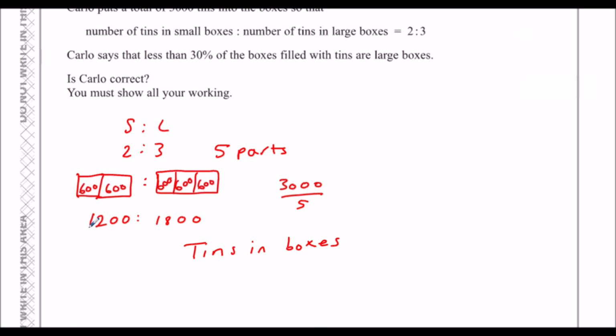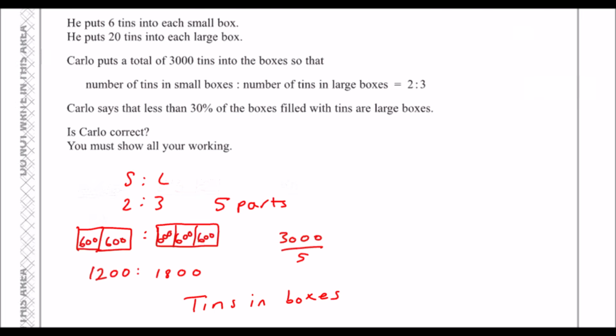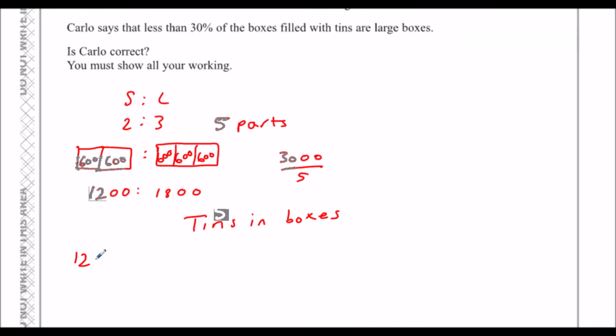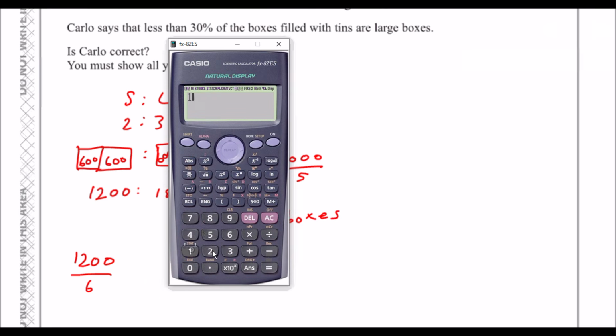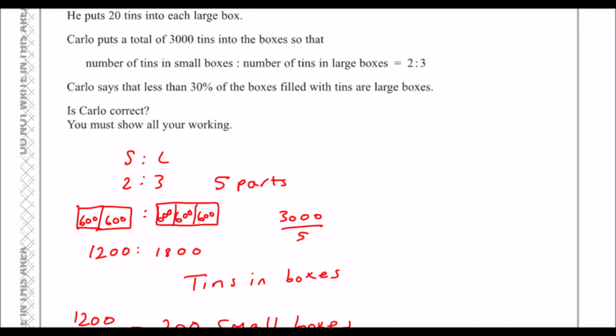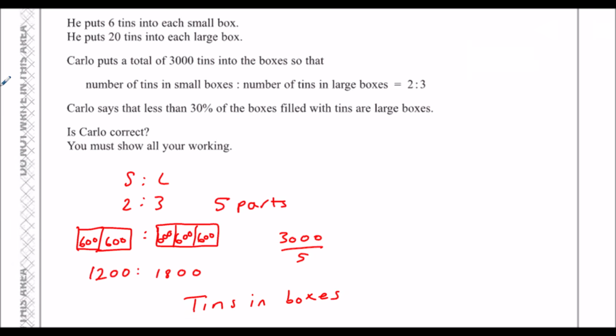So this is how many tins in boxes. So 1,200 tins in small boxes, and that's 6 tins per box. So 1,200 divided by 6, that's 200 small boxes. And 1,800 tins in large boxes, 20 in a box.